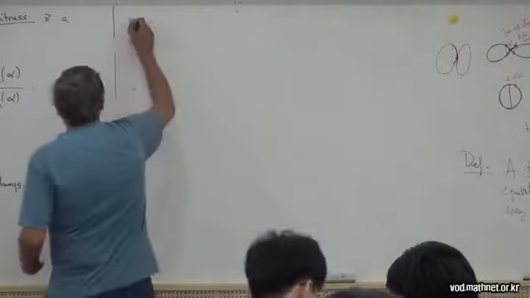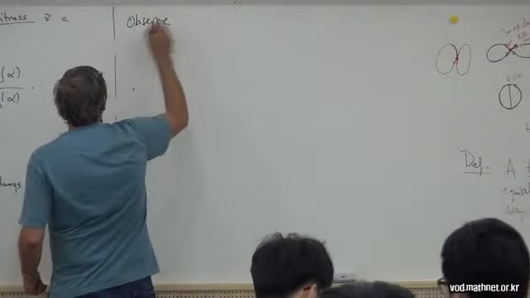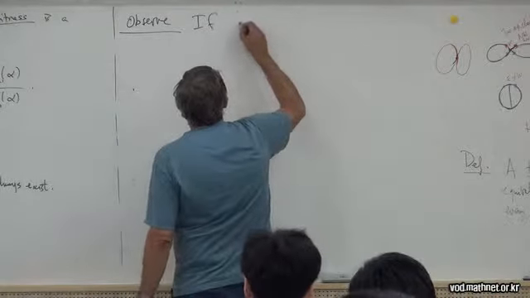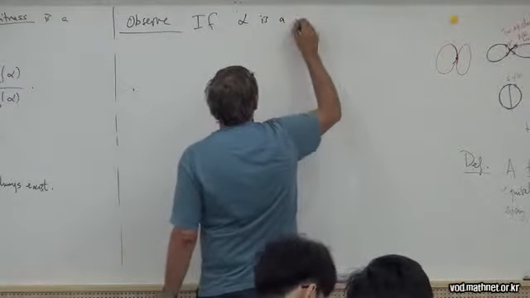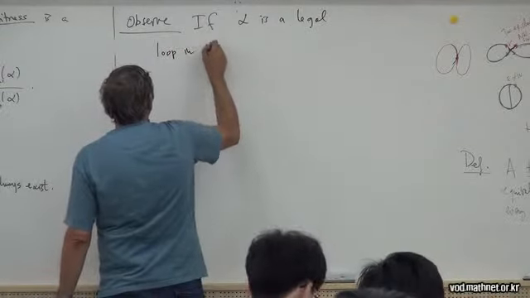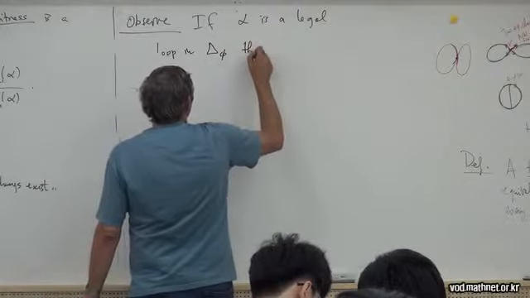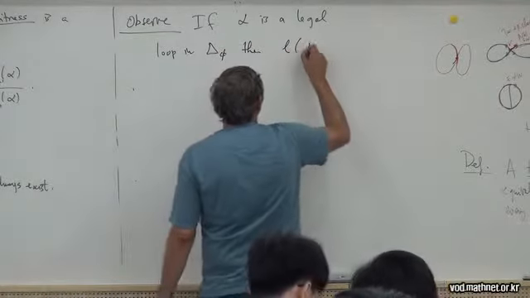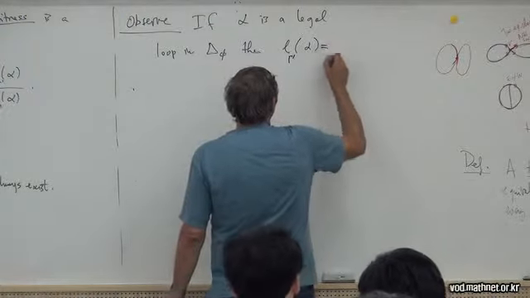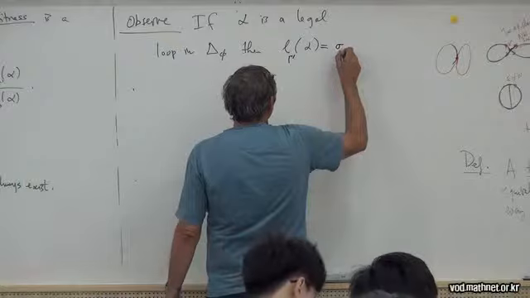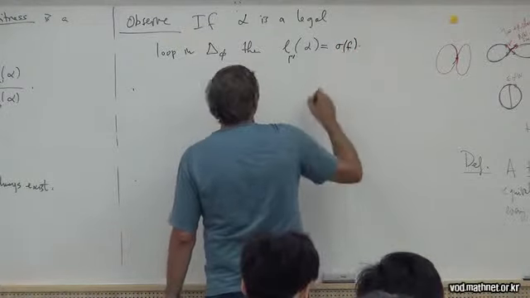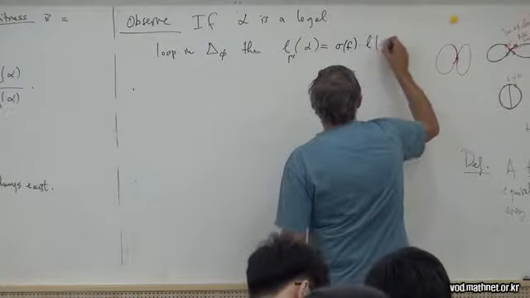Okay, so observation. Observe, if alpha, say, is a legal loop in delta phi, then the length of alpha in gamma prime is equal to sigma of f, that's the slope on every edge of the tension graph, times the length of alpha in gamma.